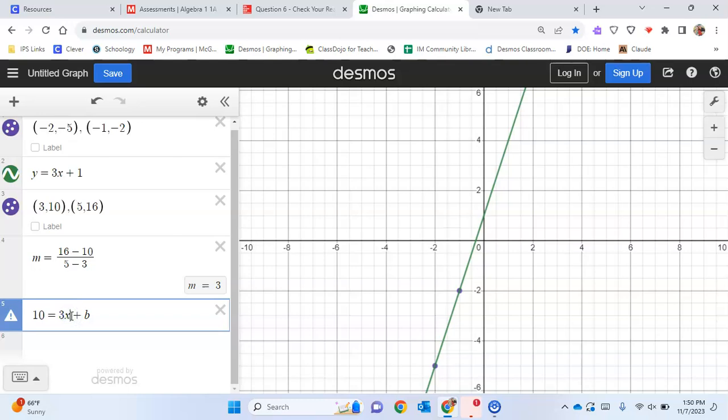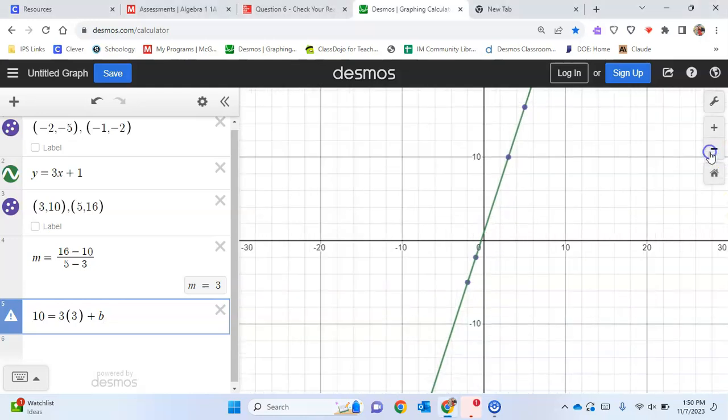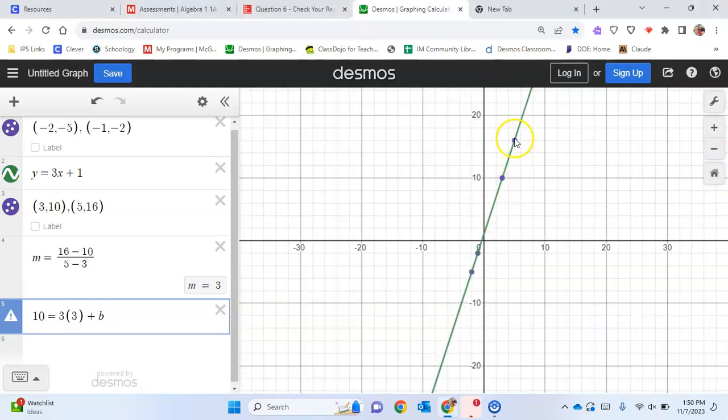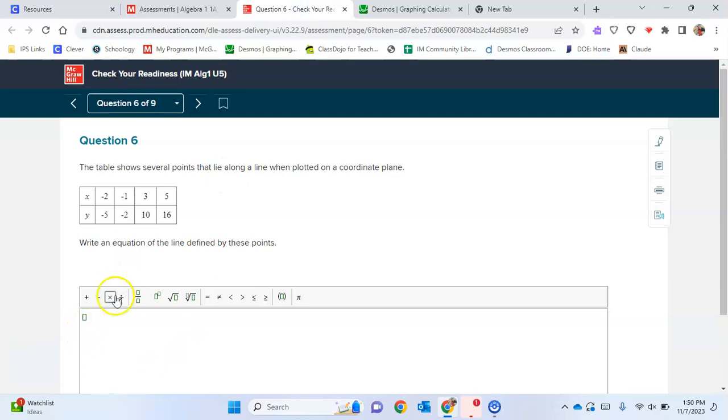And the first x value you can see is 3. 3 times 3 is 9. And 9 plus 1 equals 10. We knew that the y-intercept was 1. If we zoom out, we should be able to see our line go through the other 2 points. There's one of them. There's the other one. y equals 3x plus 1.